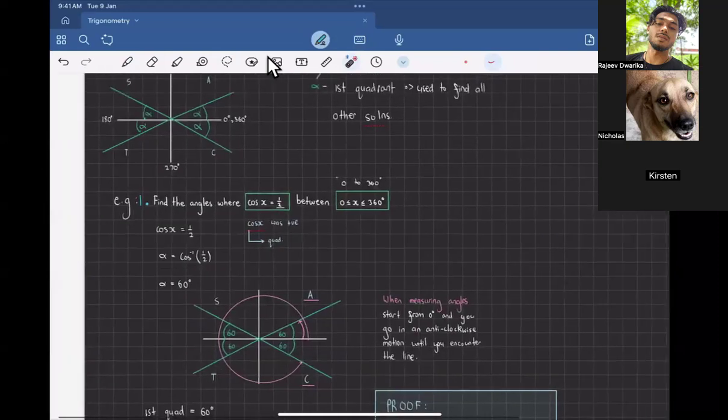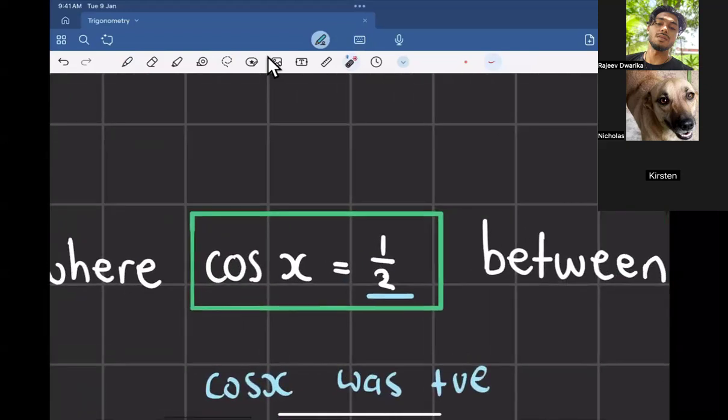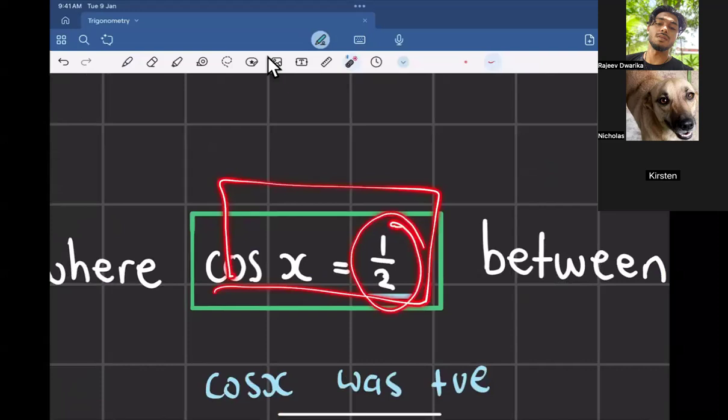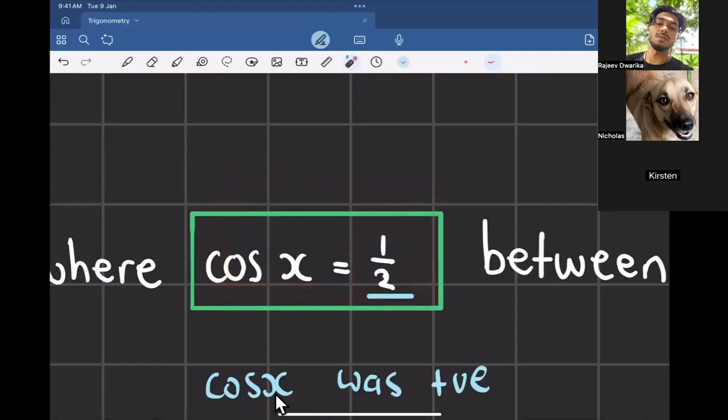Now, Kirsten, can you tell me our answer for cos, was it positive or negative? Cosine, was it positive or negative? What is a half?